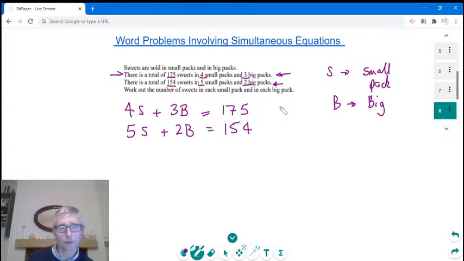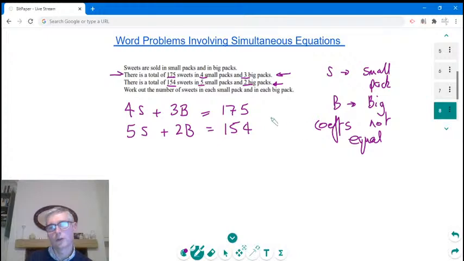Now looking at this, we can see again we don't have equal coefficients. Because they're not equal, we need to multiply one or both to create equal coefficients.